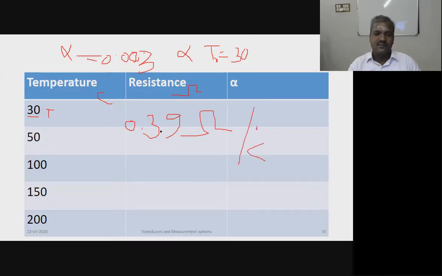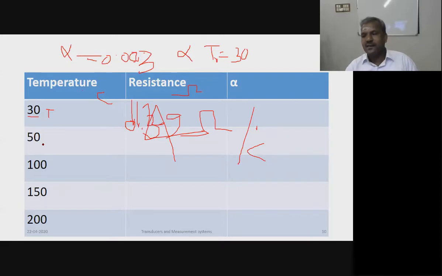This is the easiest method of calculating the resistance value. Suppose 30 degrees Celsius, you assume this value as 0.4 ohms per degree Celsius. So 30 into 0.4 is 12 ohms. Initially at 0 degrees Celsius it is 100 ohms, so 112 ohms resistance.